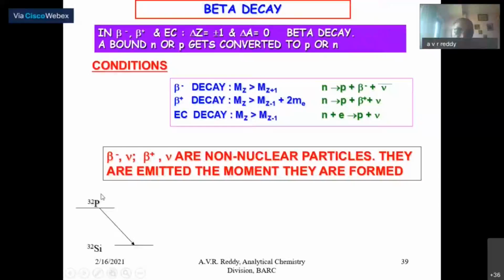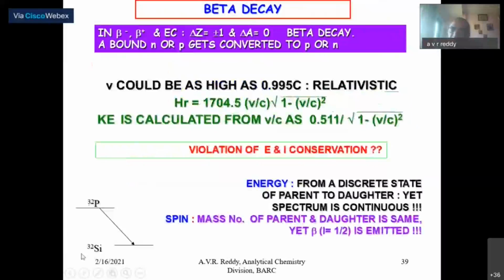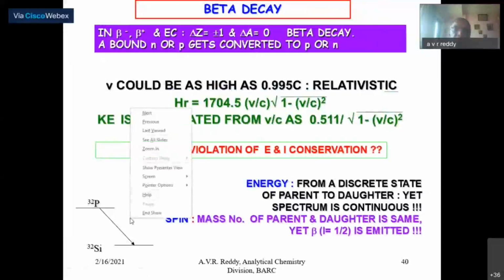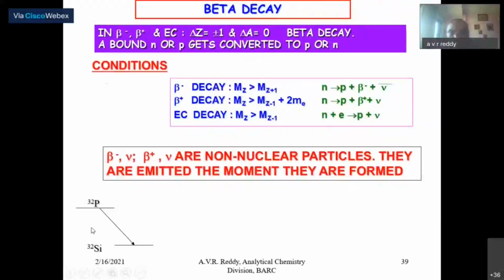I made a mistake here. 32 phosphorus is even, and 32 silicon is even. So they will have integer value of the nuclear spin, 0 or an integer value. And these values are not getting changed, but they are producing in this beta decay an electron.